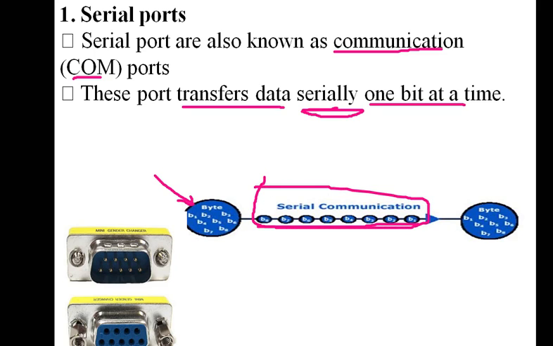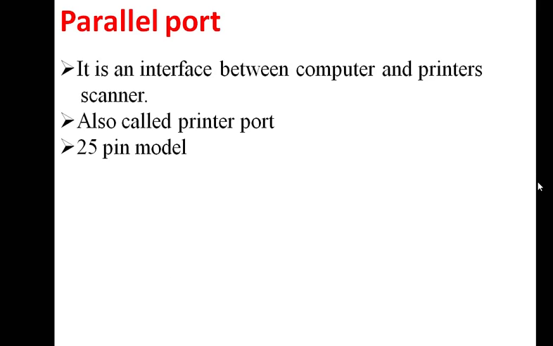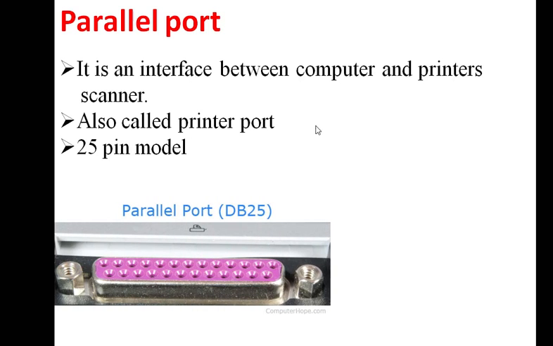Then the next one is the parallel port. It is an interface between the computer and printers and scanners. To connect your printer or scanner, which port do you need? The parallel port. These parallel ports we can also call the printer port, and it has a 25 pin model.